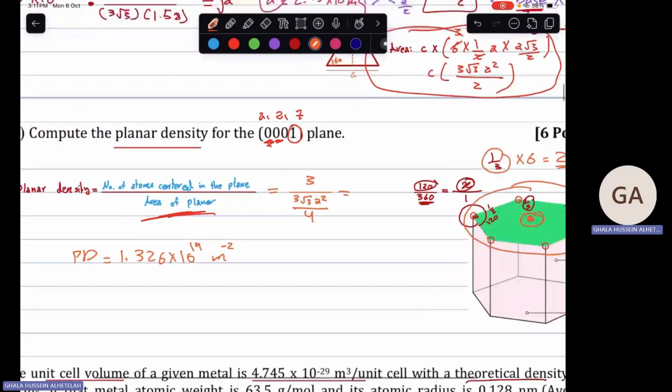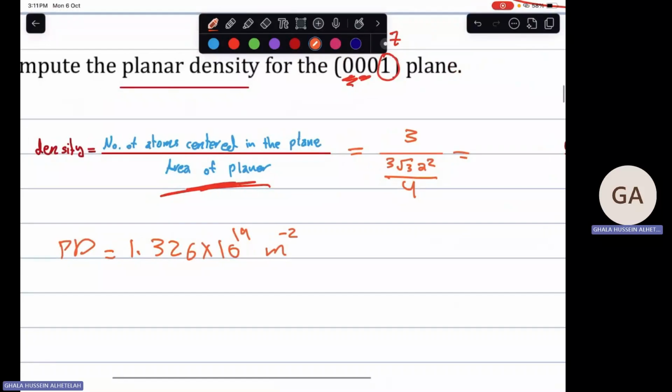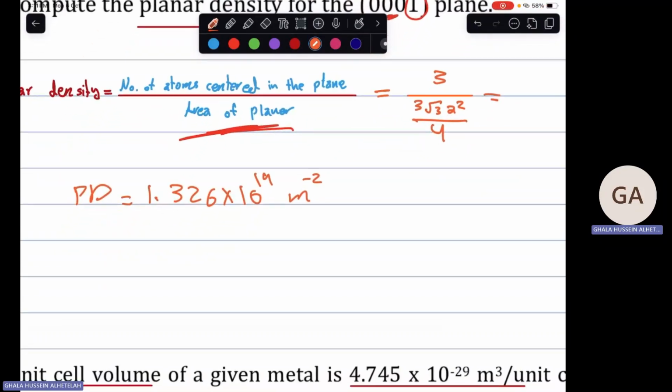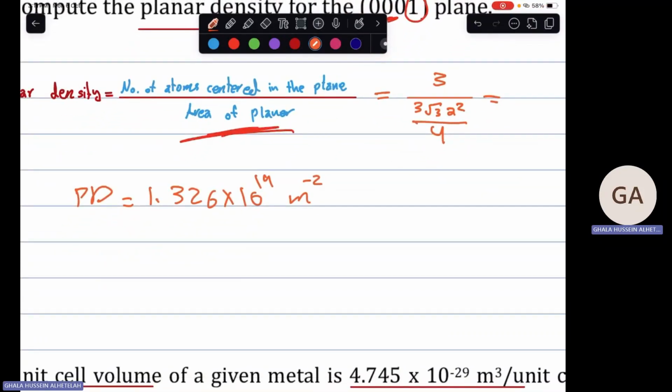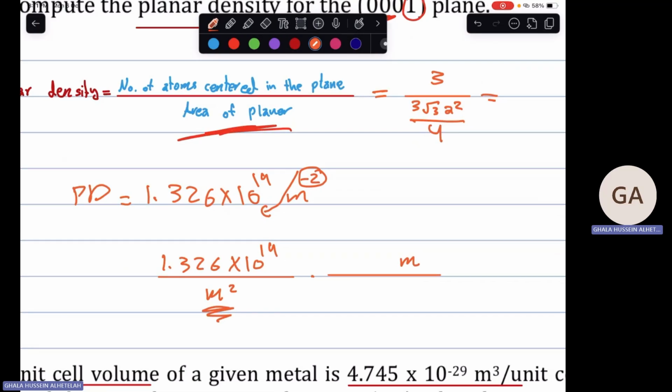Okay. If you want to convert the units to nanometer, what are you going to do? We know that 1.326 multiplied by 10 to the power 19 over meter square, which is just, this is a negative, so we put it down. Multiplying by, we need to get rid of the meter, so we put it above.